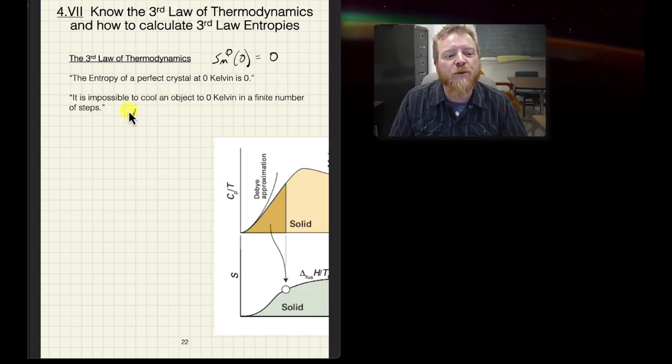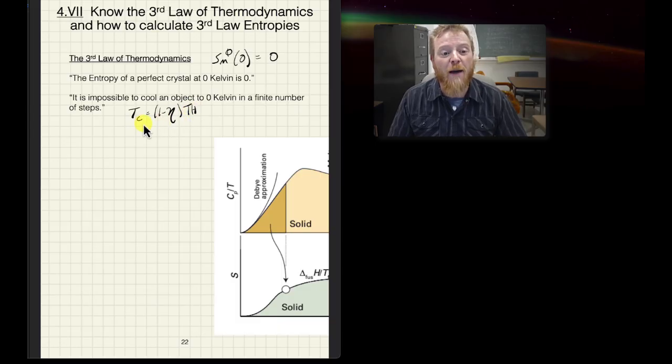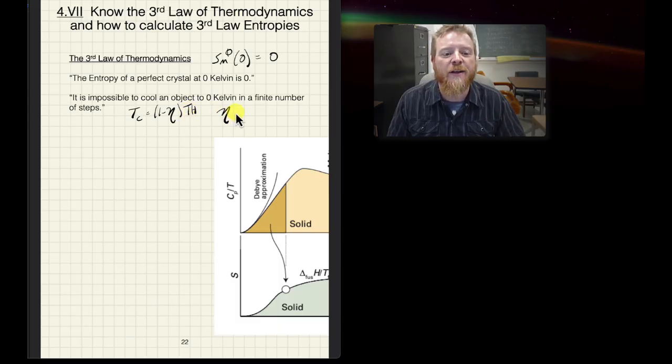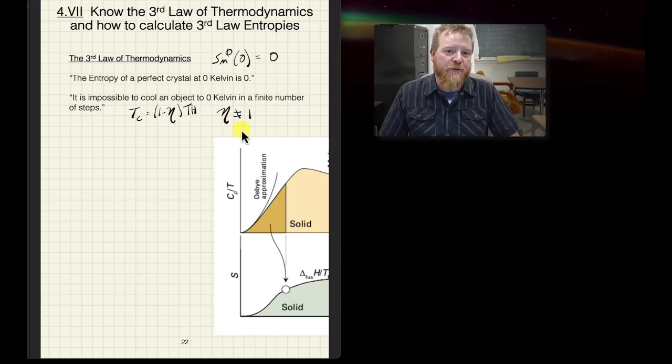And recall, this is related to that thermodynamic efficiency equation, which says the temperature of some cold object is 1 minus the thermodynamic efficiency times the temperature of that hot object. And remember, this states that we can never get to 0 Kelvin because we can never have a thermodynamic efficiency of 1 or 100%, right?